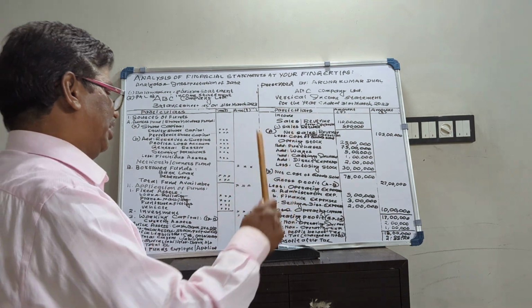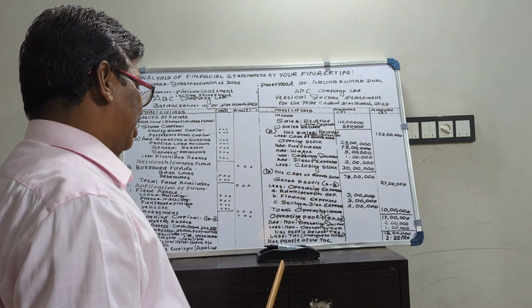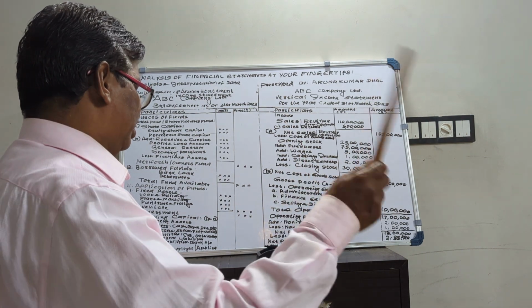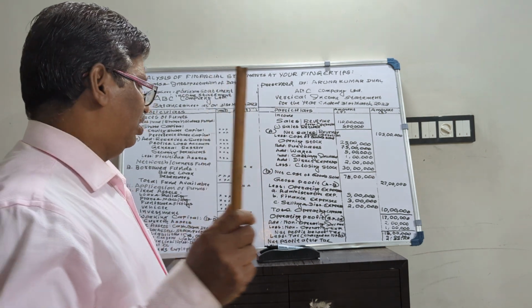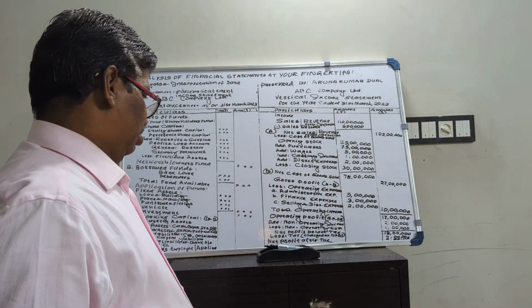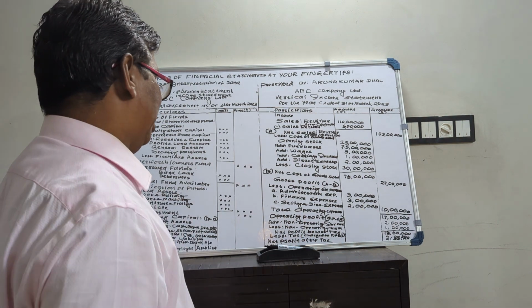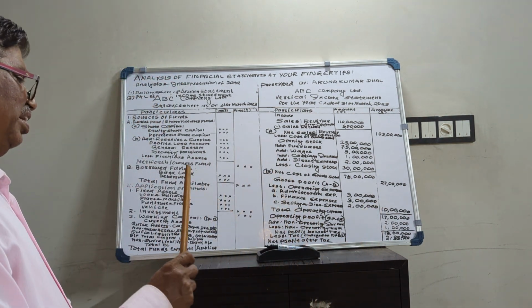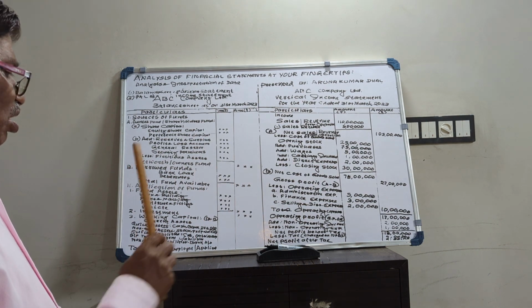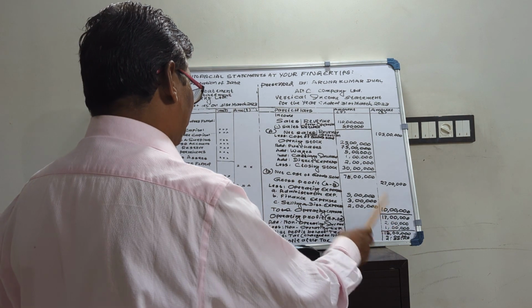Suppose we have invested somewhere, then we will get the return, that is interest on that investment. Similarly, profit on sale of fixed assets will come under non-operating income. Here it is 2 lakh. Then there are non-operating expenses like loss on sale of assets, that is 1 lakh, which we have deducted.